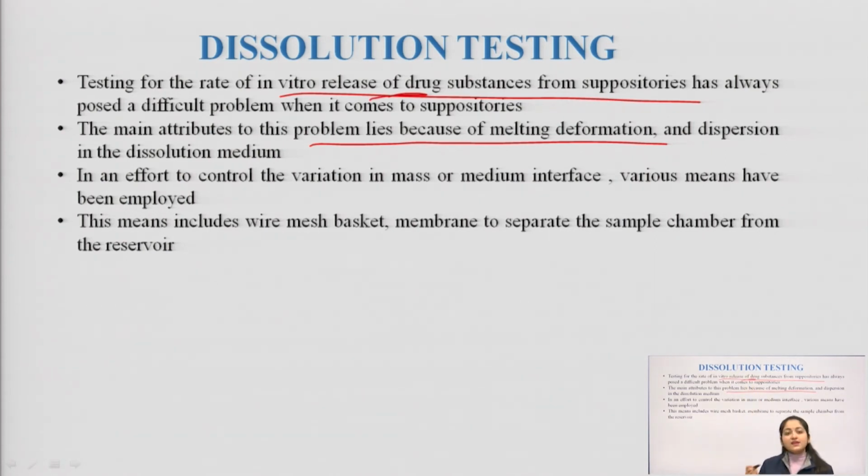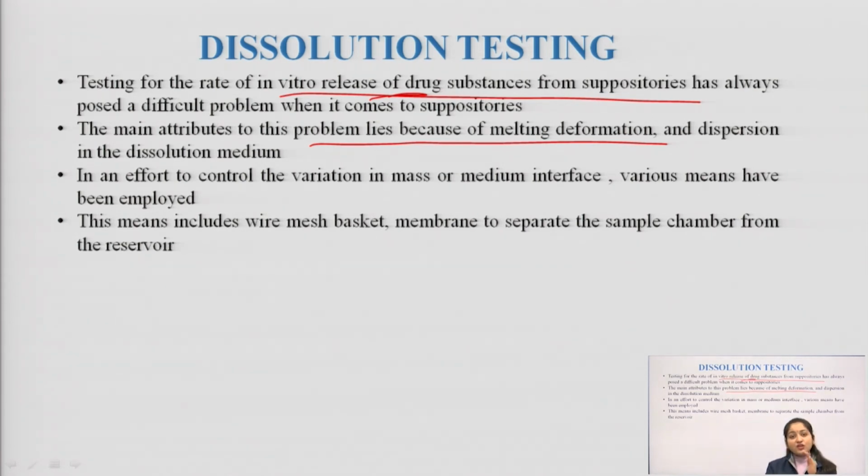Now as I discussed in the previous slide, when we are performing the melting range test for evaluation of suppositories, simultaneously we can also perform the in vitro drug release pattern of a particular suppository. Because we know that whenever a suppository melts, it is going to liberate its constituents in the surrounding area from where it is melting.